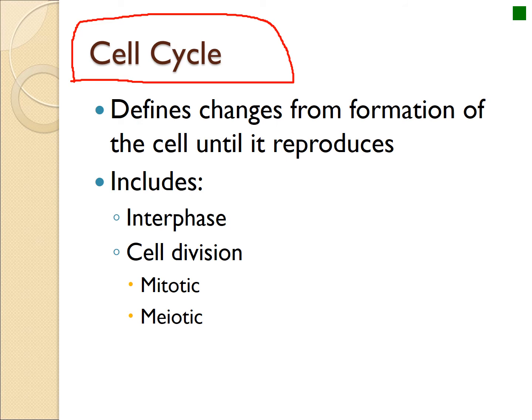A cell cycle can promote three types of phases in the life of a cell. One is the differentiated phase, in which the cell is actually carrying out a job. Sometimes we call this the G0 phase.